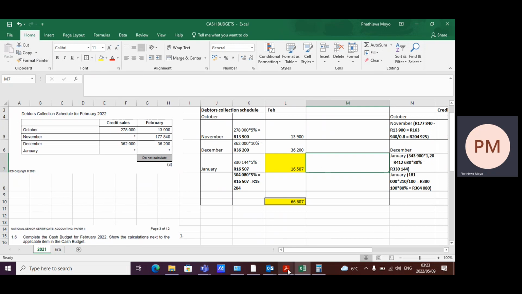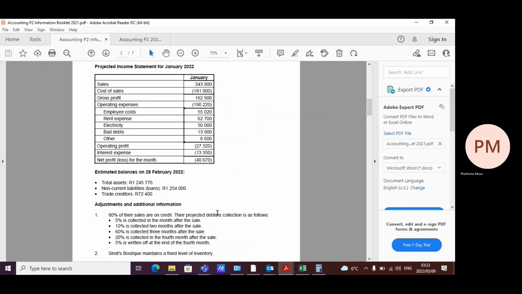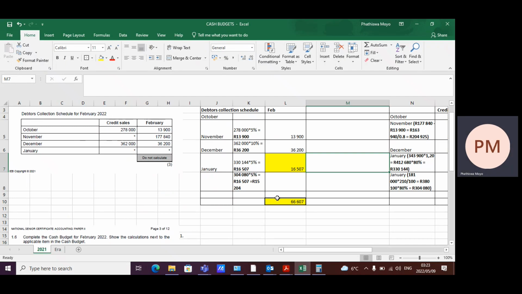Yeah, let's go back. So the 278, 5% was collected in November, the month after the sale. December, they collected 10%. January, they collected the 60%. 20% was collected in February.